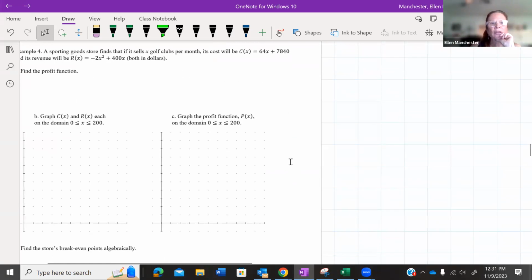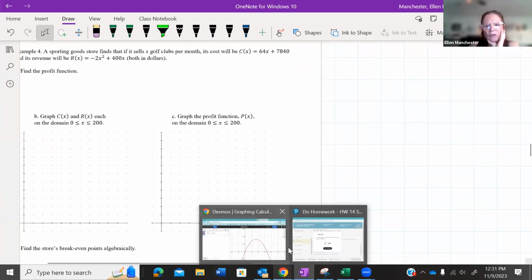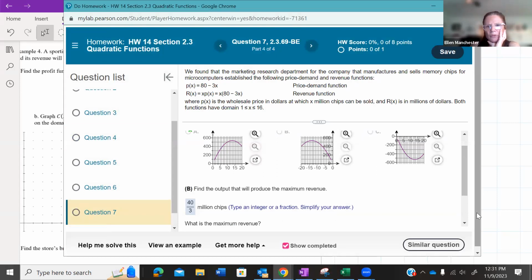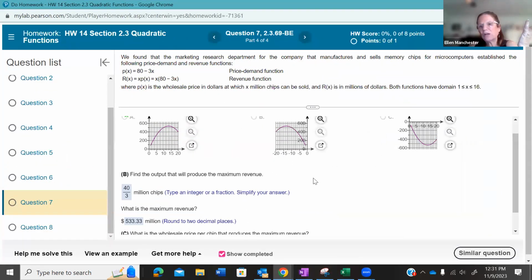Okay, here we go. So here's another type of word problem. In fact, let me go to the actual homework so you can see what types of word problems you have. You can see on this one, and again, you guys will have different numbers, different values, but the process is the same. They give you a price.